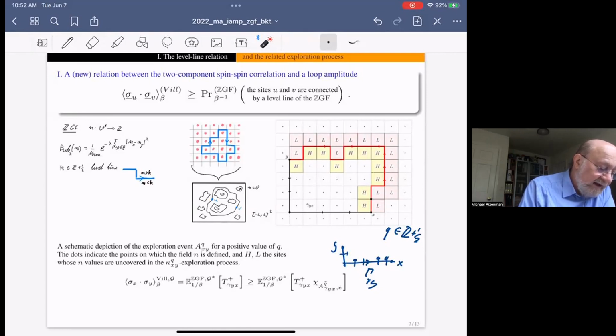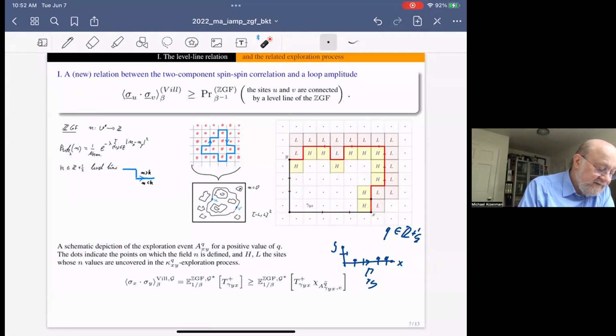Now, in such an exploration process, you may actually realize during the exploration that there is no way that this and this are connected. In fact, there is no path at Q which starts from here, or there is a path which starts and closes on itself or hits this set gamma.